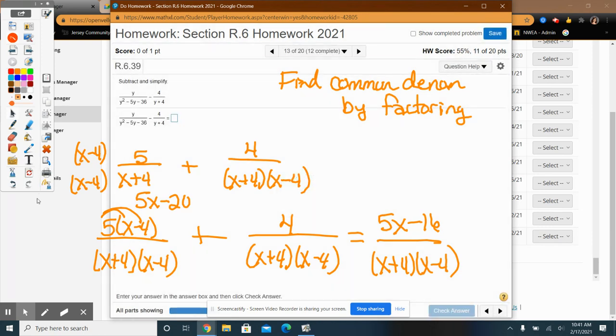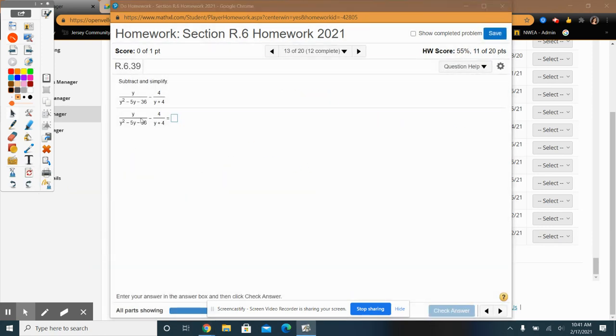Looking at question 13, we're now doing subtraction. Subtraction is very similar. You still need a common denominator, but you have to be careful when you subtract. You have to subtract all of the pieces of the second fraction. So we're going to factor first. If I make my list for negative 36, I want 4 and negative 9.